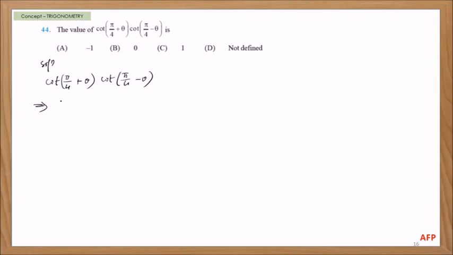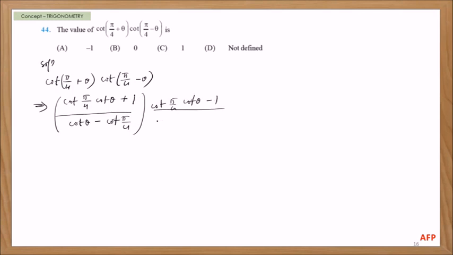So this implies (cot 45 cot theta minus 1) divided by (cot theta plus cot 45), times (cot 45 cot theta plus 1) divided by (cot theta minus cot 45).